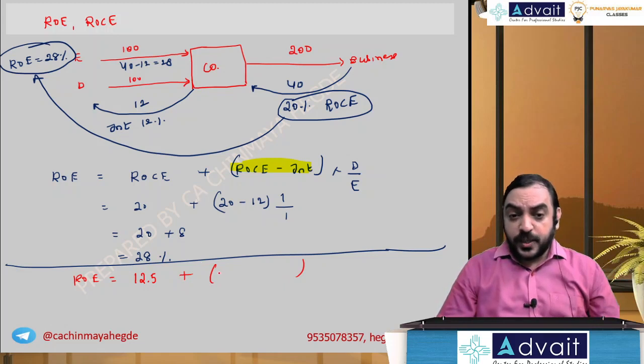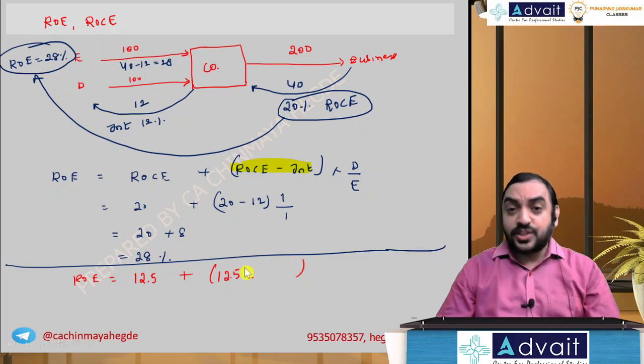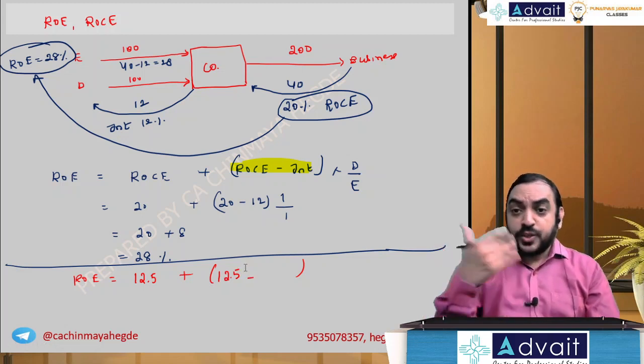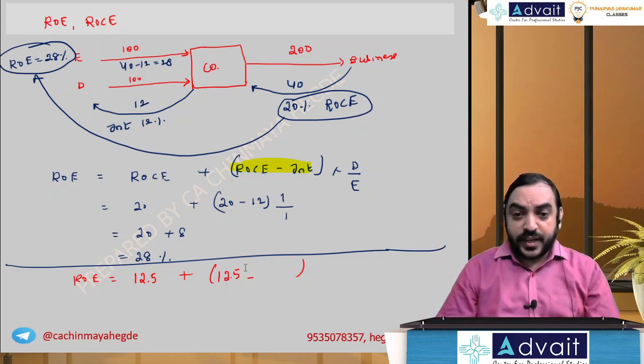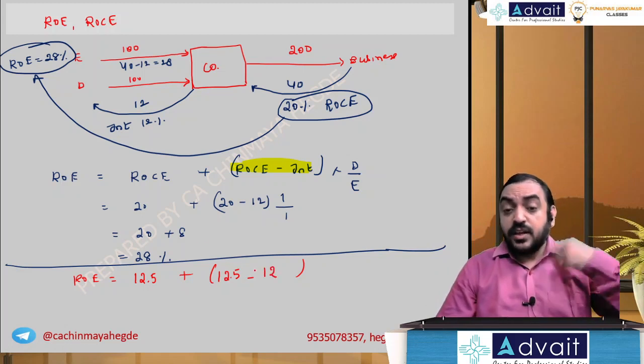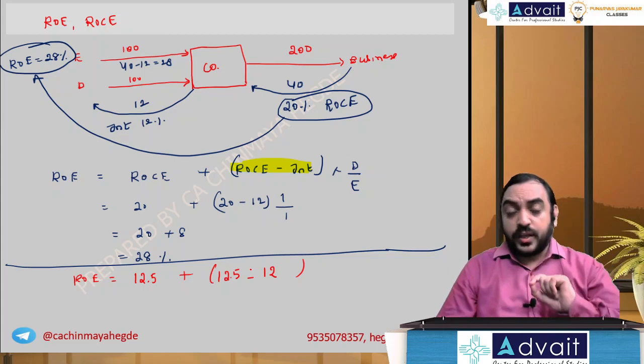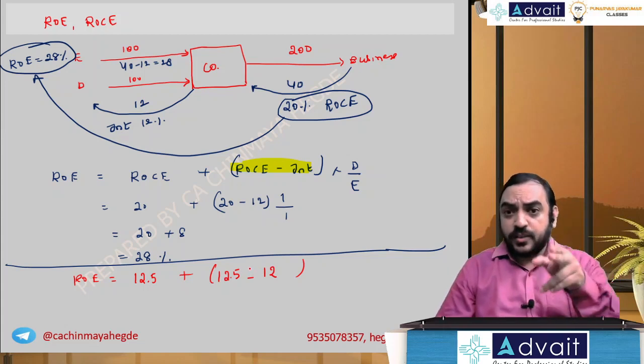What is ROCE? That is 12.5, minus how much interest rate, risk-free rate you are borrowing. So how much is the interest rate, risk-free rate? 12%. So 0.5 is the extra, but you should make it proportional to debt and equity. How much amount of debt you have taken?